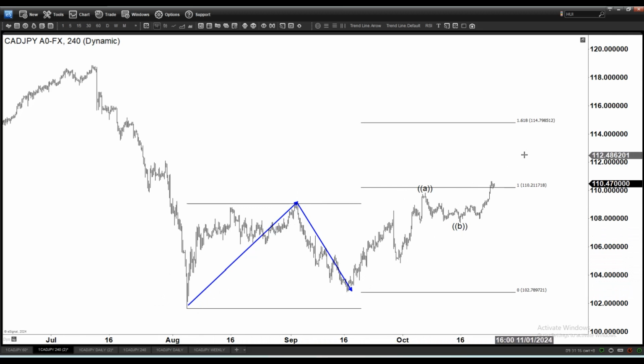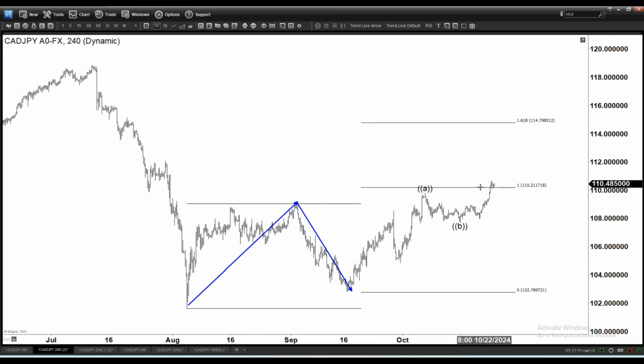I think that's also equally fine if you want to call it this way. You just need a 5-wave subdivision to finish 5, and then you end the whole ABC, right? So you can label this WXY or ABC, regardless of how you want to label it. You can see we have reached the minimum target, basically the 100%, 161.8% extension area here.